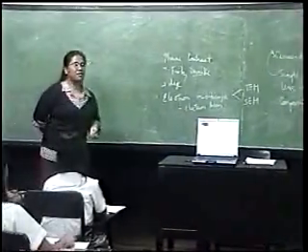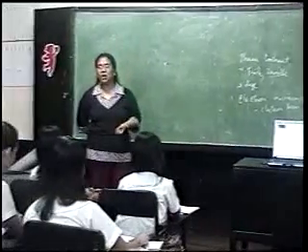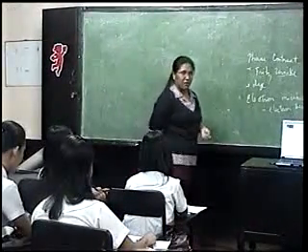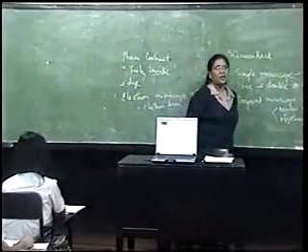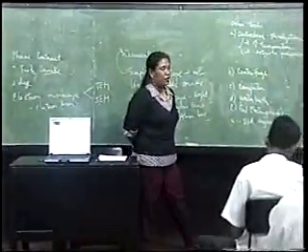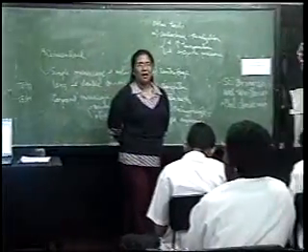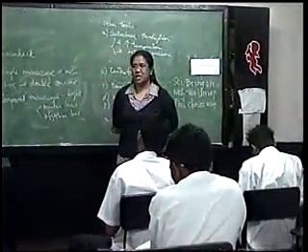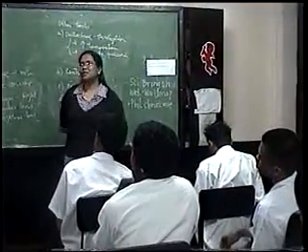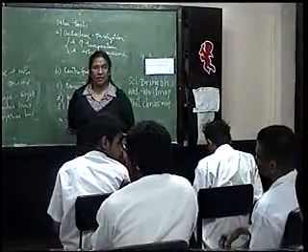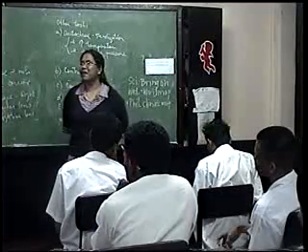The phase contrast microscope. And the phase contrast microscope is used to observe living organisms or living matter. Again, who is the person who first used this phase contrast microscope? It is Fritz Zernike.